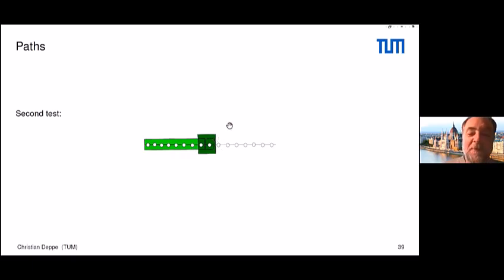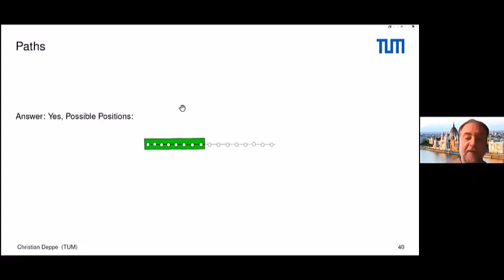So if we get a no, what happens then? Then of course the set of possible positions is reduced, because if you get a no here, then we know it's in this region here, and it can move by 1, so it goes here. So instead of having this, we reduce it by 1.